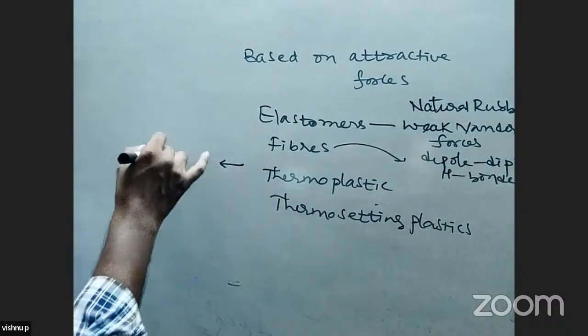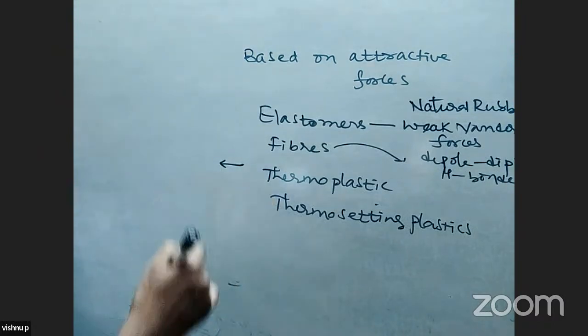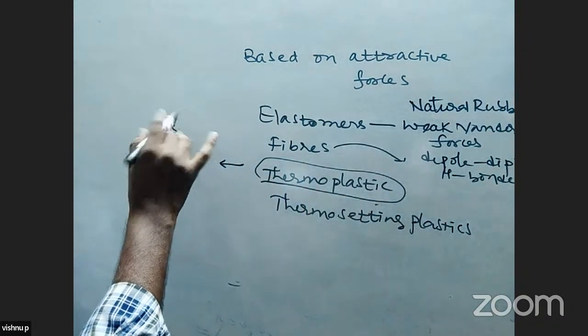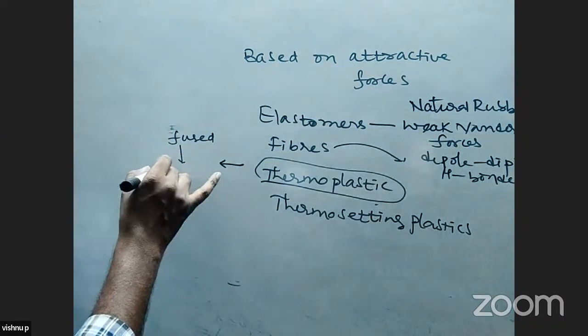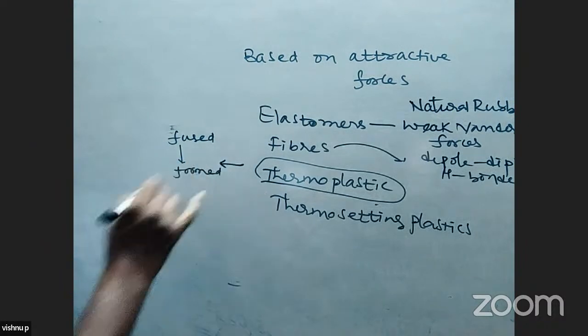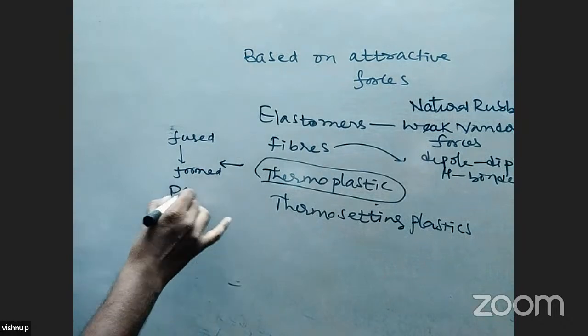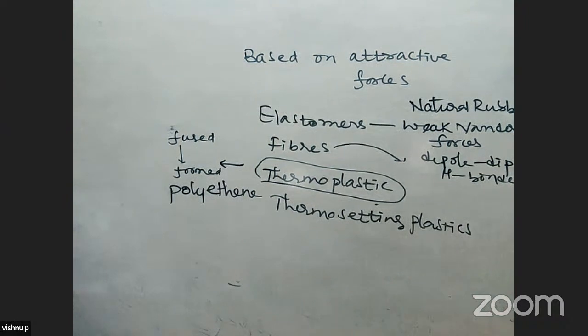Thermoplastics: weak attractive forces are present, not in a proper way, so thermoplastics fuse when heated, and when pulled again they are formed again. So we can use them again and again. One example is polythene. Polythene is an example of thermoplastics.